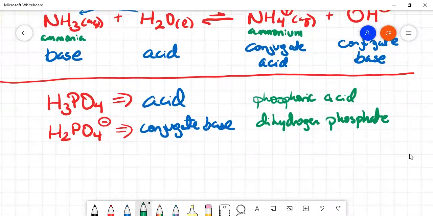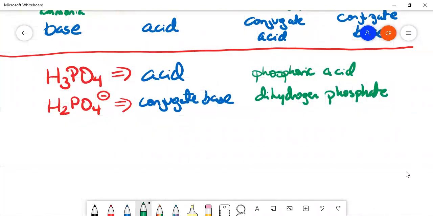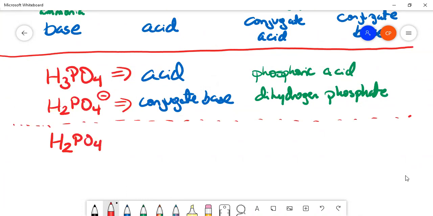But the reality of dihydrogen phosphate's existence is it can very readily give up a hydrogen on its own. It's still got two hydrogens to give up, right? So dihydrogen phosphate is not just a base. It doesn't just have the capacity to take on a hydrogen, go back to H3PO4. H2PO4 minus has the capacity to be an acid itself.